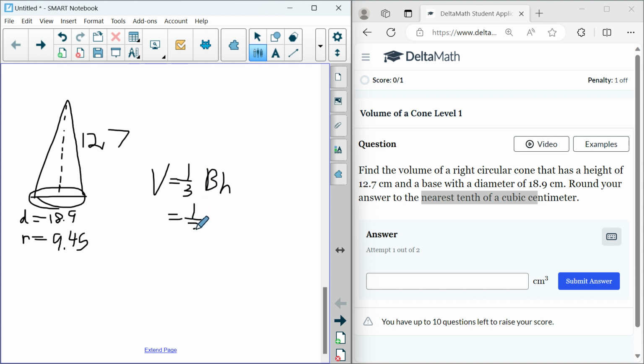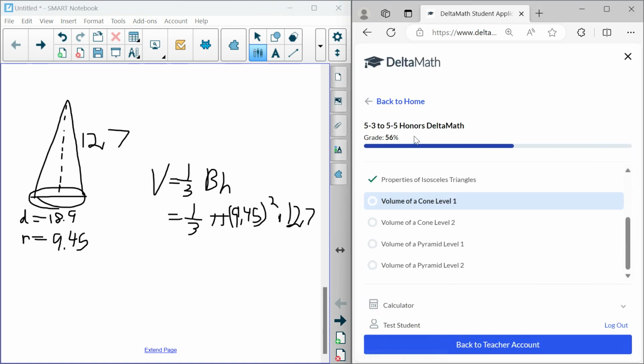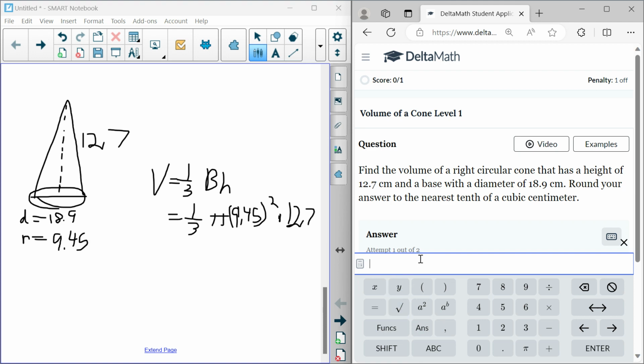It's 1/3 times pi times our radius squared, 9.45, make that a nicer 9 squared, times our height, 12.7. We can enter that all into our calculator. We could also use the DeltaMath calculator over here. I'm going to click calculator, and I've got a calculator up.